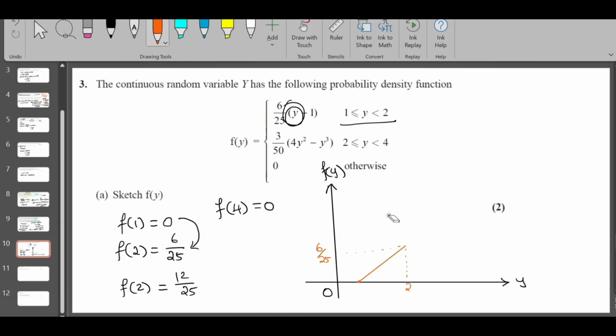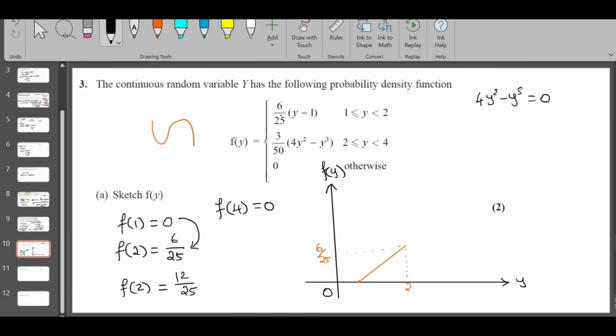Okay. And then, what graph is this? It's a cubic graph, right? Coefficient of y cube is negative, so this is going to be the cubic graph. When you equate it to 0, 4y square minus y cube is 0.